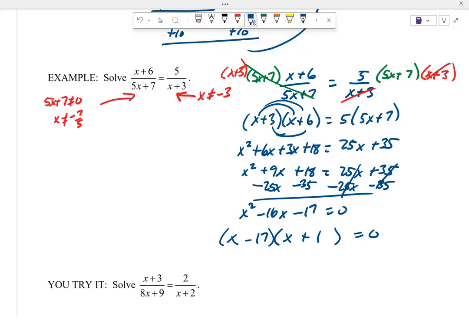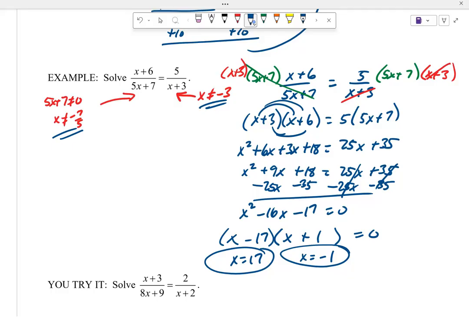So x minus 17 equals 0, so x equals 17. X plus 1 equals 0, so x equals negative 1. And then check. The original said we can't have negative 3 and we can't have negative 7/5. So both of these are actually solutions, 17 and negative 1. Both of those will satisfy the original rational equation.